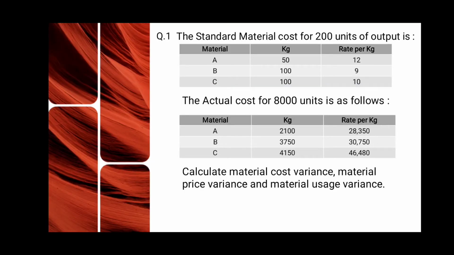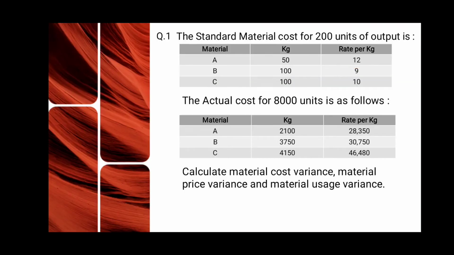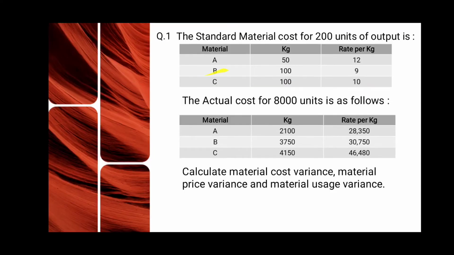So in the first table the standard cost information is given. For material A, 50 kgs, rate per kg is 12. So we'll record it: product A, quantity as 50, rate per kg is 12. So the standard amount will be 600 for material A. Next, material B, 100 kgs, rate per kg is given as 9.